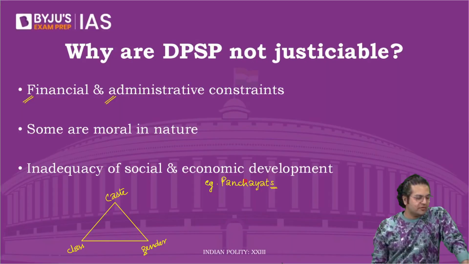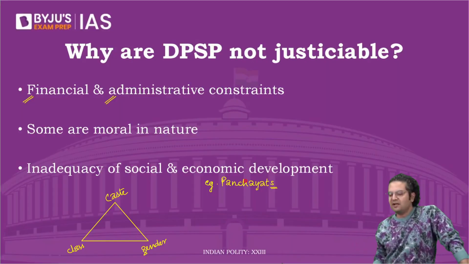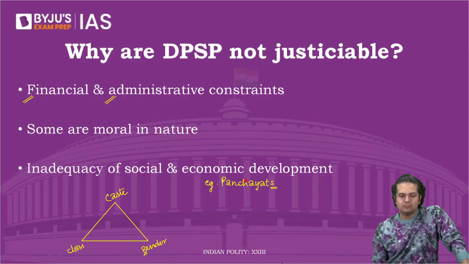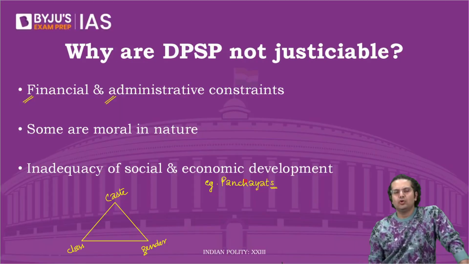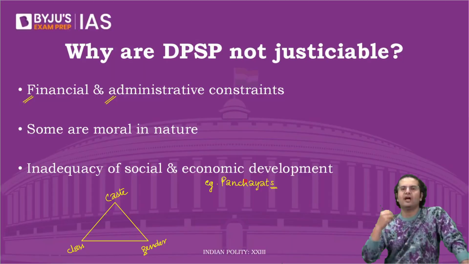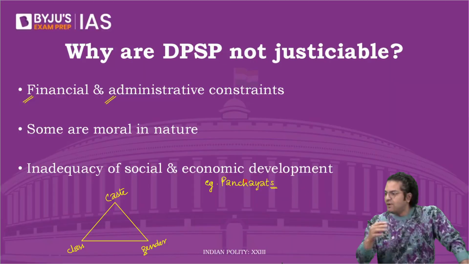All the resources, all the money, which was devolved would end up lining the pockets of the rich and elite only. So we had to wait to ensure that the rural environment was slightly more conducive to grassroots democracy, and then we made the provisions.